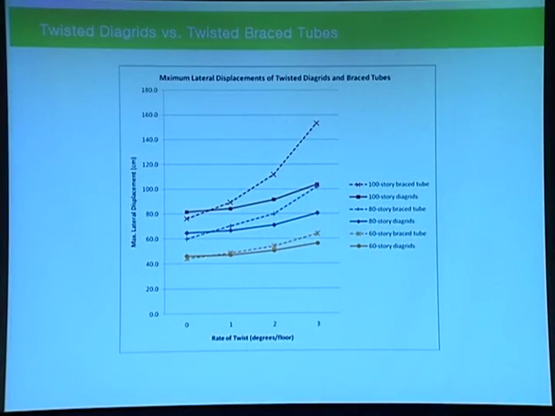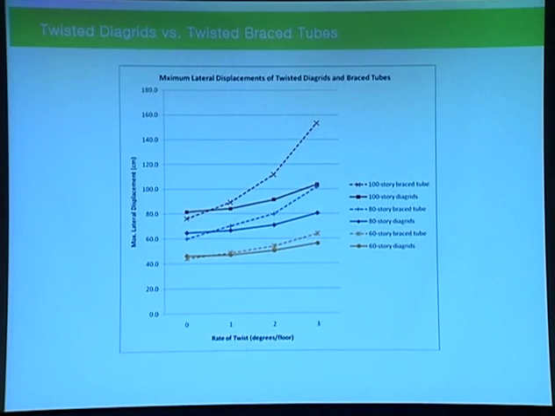As you can see, as the building is twisted more, it loses its lateral stiffness, and the maximum deformation keeps increasing. But in diagrid structure cases, the stiffness reduction is not that sensitive to the building height change.